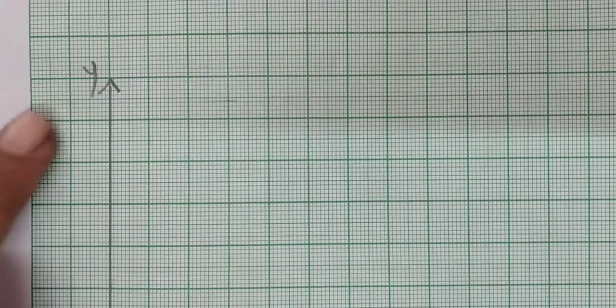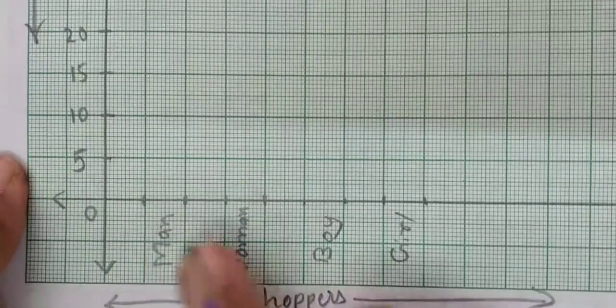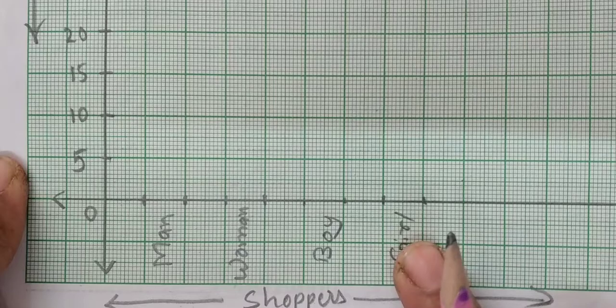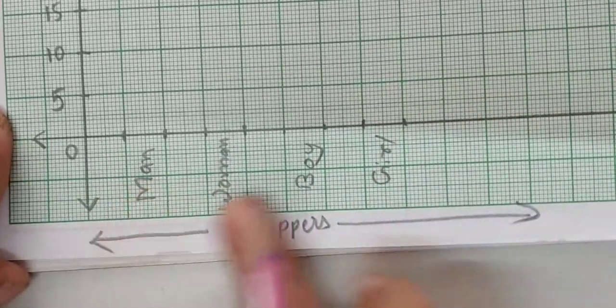So everything is complete. We have noted y-axis. We have also written here x. We have taken qualitative measures on the x-axis, that is name of the category of the shoppers, and we have taken frequency on y-axis.